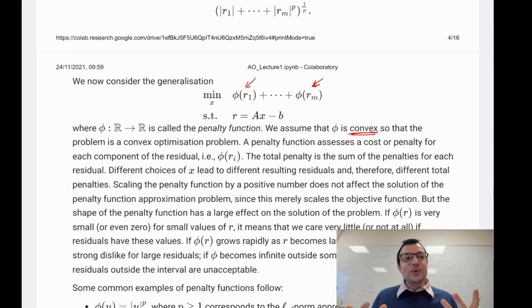If you consider that large values of residuals are completely unacceptable, then you can imagine that you are using some logarithmic type of penalty function.